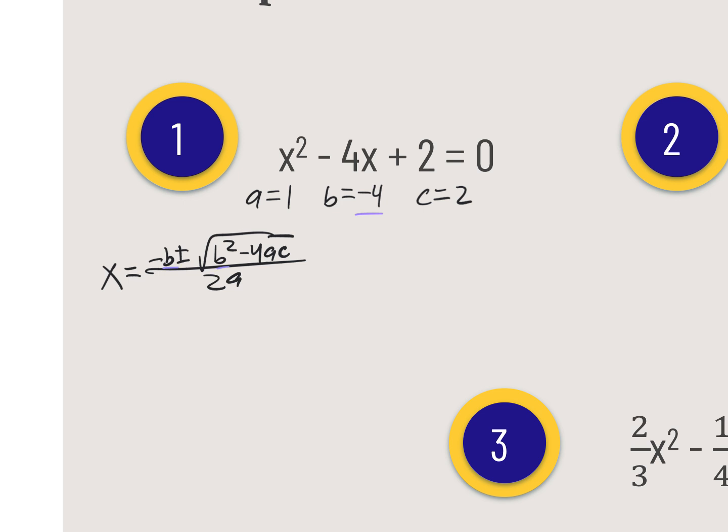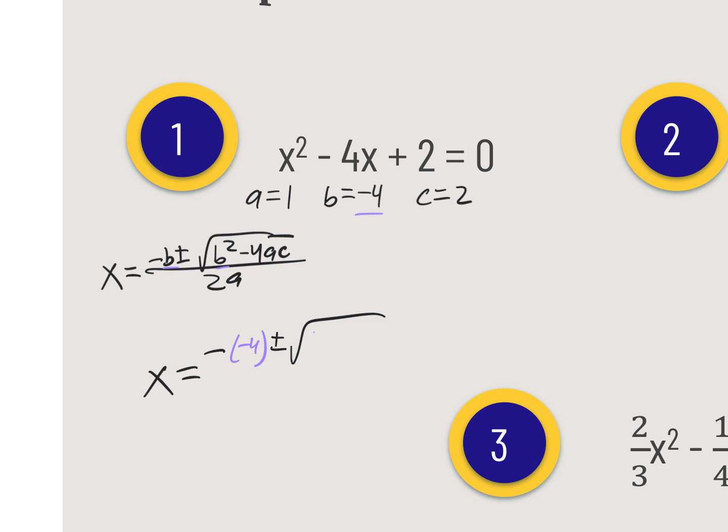So we get x equals negative 4. I won't write it out like this every single time. I just want you guys to see where each piece goes.